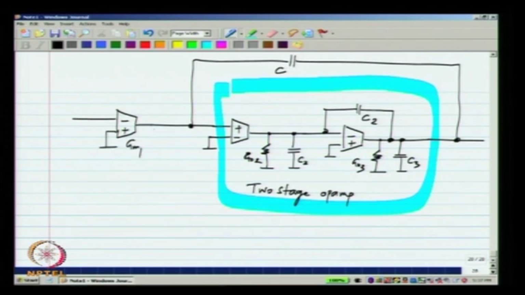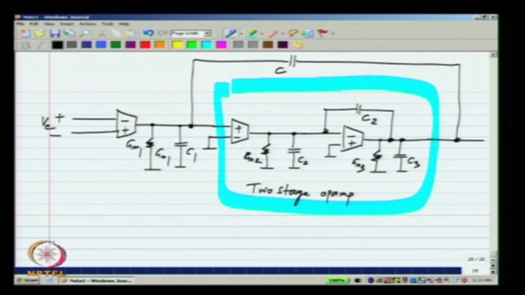I will call this GM1. It could have an output conductance G01 and there will also be a capacitance C1 over there. Sorry, this is not grounded. This is the input to the op amp V.